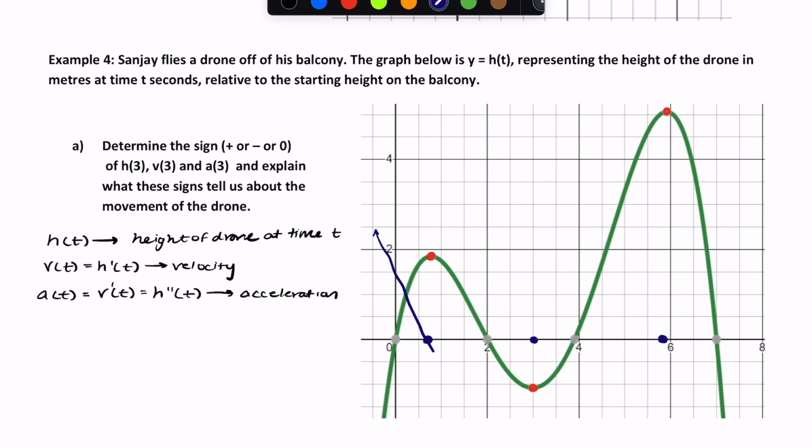So it goes down, goes up, and then goes back down.